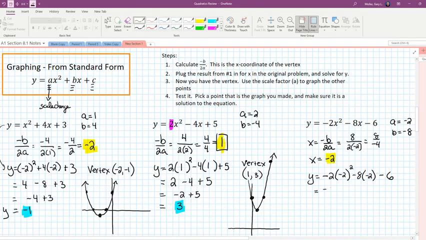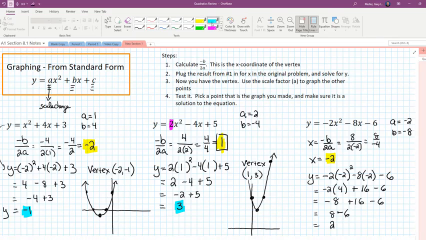Negative 2 times negative 2 is 4, plus 16 minus 6. Negative 8 plus 16 minus 6 is going to be 8 minus 6, which is 2. And so my vertex is located at negative 2, positive 2.